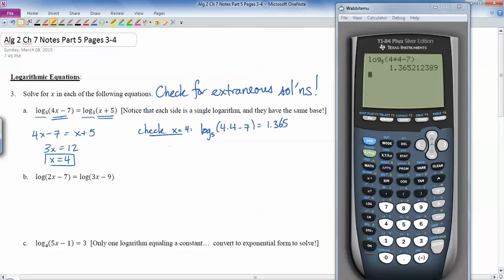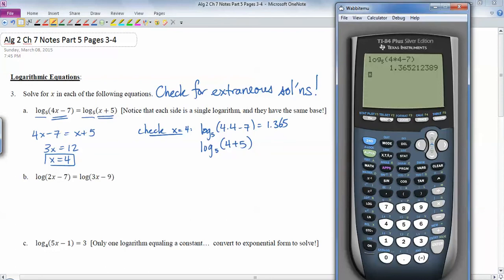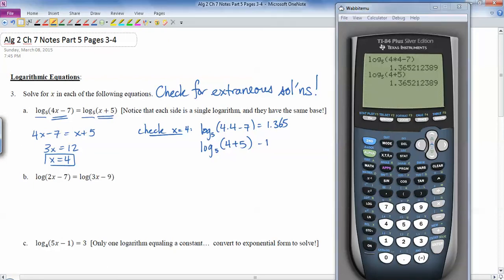Okay, so that one's good. And then if we check the other side, log base 5 of x plus 5, which is 4 plus 5, that is also the same thing, 1.365. That's good. All right, so x equals 4 works.